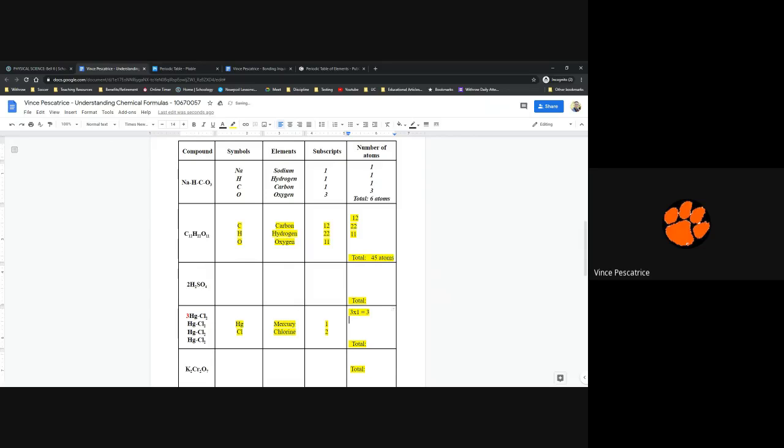Makes 3. And then 3 times my chlorine of 2. 3 times 2. 6. So I have a total of 9 atoms in this compound. And if you look here, 1, 2, 3 Hgs, 2, 4, 6 Cls. And that's what I got there.